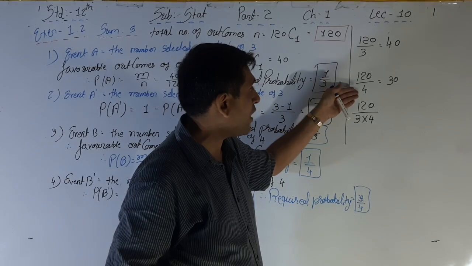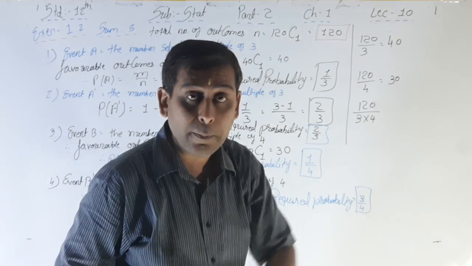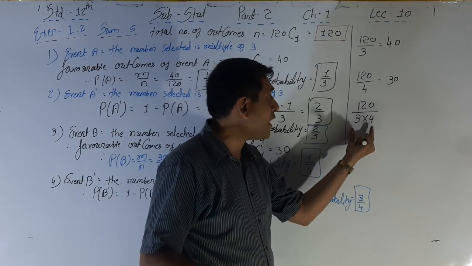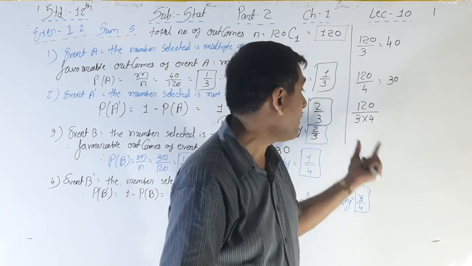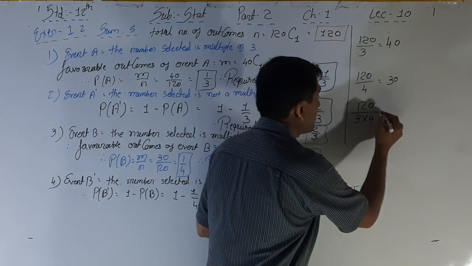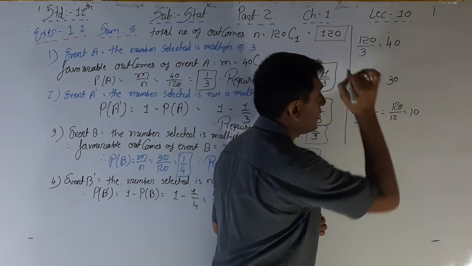Multiple of 4, that's why we are dividing 120 divided by 4, that is 30. But a multiple of 3 and 4 both means what? It is "and" there, that's why we have to multiply 3 and 4 both. That's why what is the answer? See here, 120 divided by 12, that is 10.